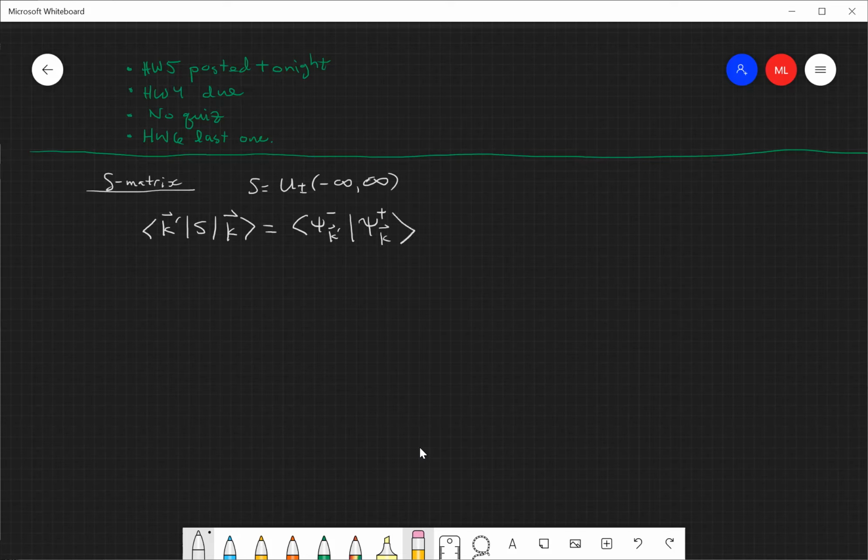These are the full scattering solutions to Schrodinger's equation. Now you see, it's nice. It gives you a concrete connection between the time evolution of a scattering problem and the scattered states.